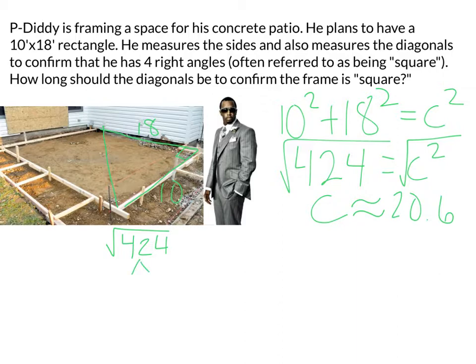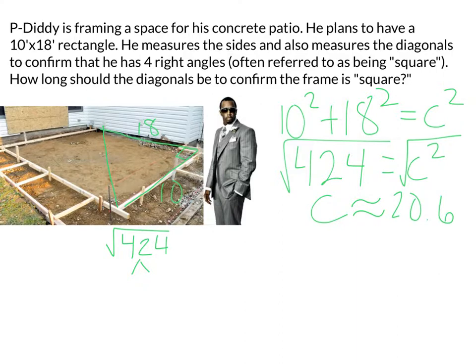Now, there's a couple methods here. You can divide by, say, 2 until you can't divide by 2 anymore, and then continue on with 3 and 5, all your prime numbers. Or, my preferred method is dividing by perfect squares, meaning numbers that square root nicely.